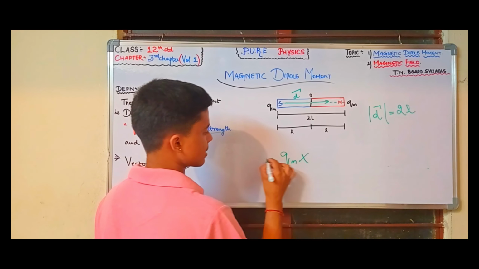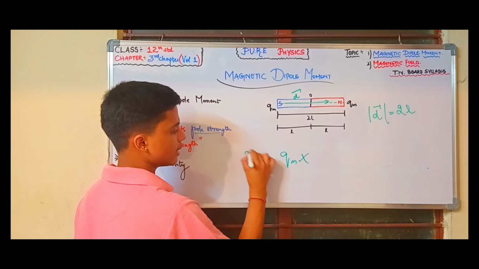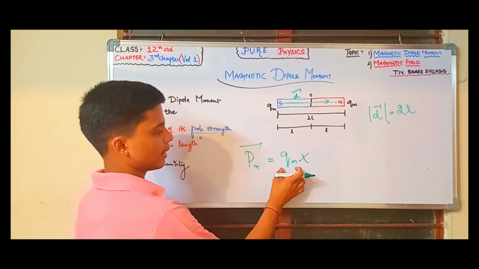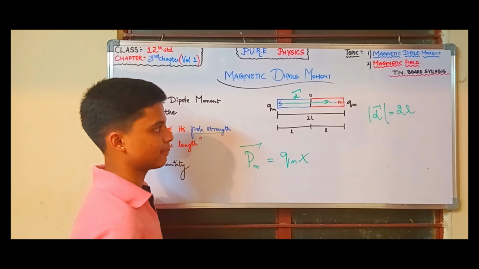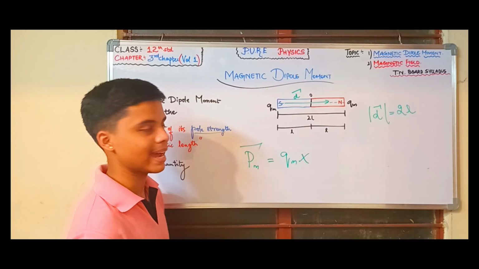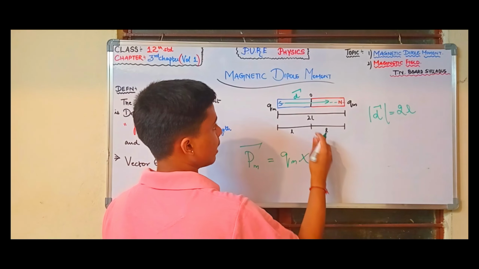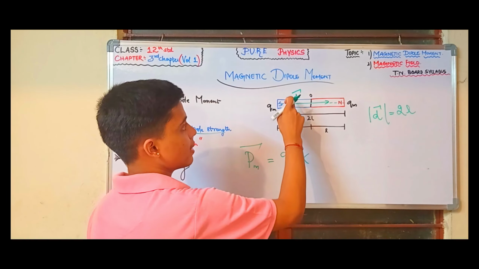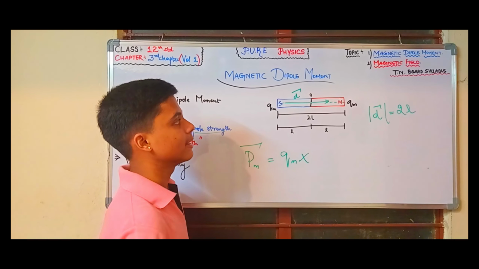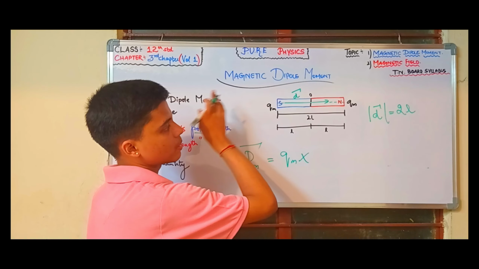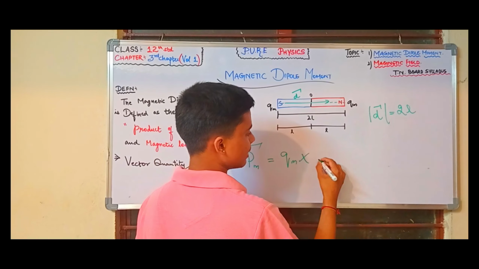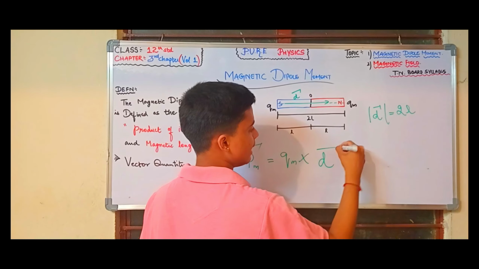Since I need to represent this magnetic dipole moment in terms of a vector, I'm going to put a vector symbol. I cannot put a vector symbol for the pole strength because it doesn't give me direction. But the magnetic length can have direction, because the d vector is always going from south pole to north pole. So in that place I can put the d vector.